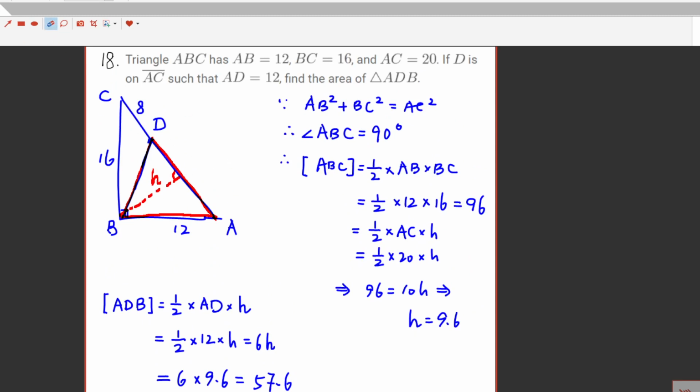Of course, it's better to write your reasoning in complete form. Well, you should say draw BE perpendicular to AC at point E, and then let BE be H, right?